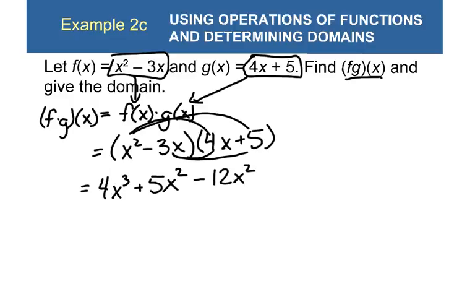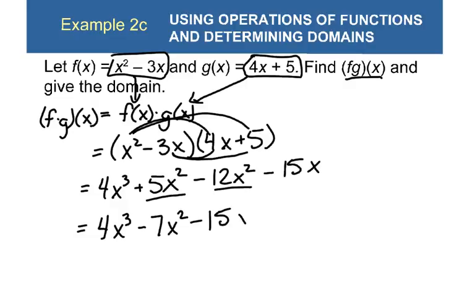Outer terms, minus 15x. Now simplify. We have two terms that are like each other, and we get minus 7x squared minus 15x. And there we have it. We have f times g of x.